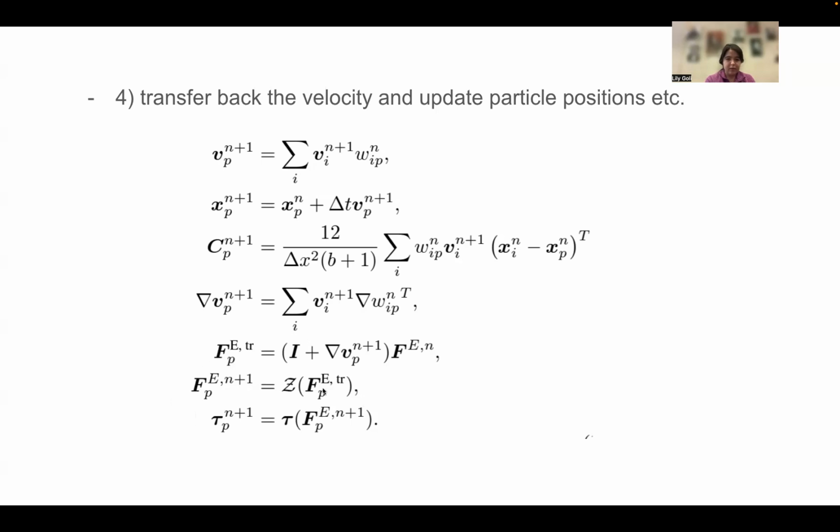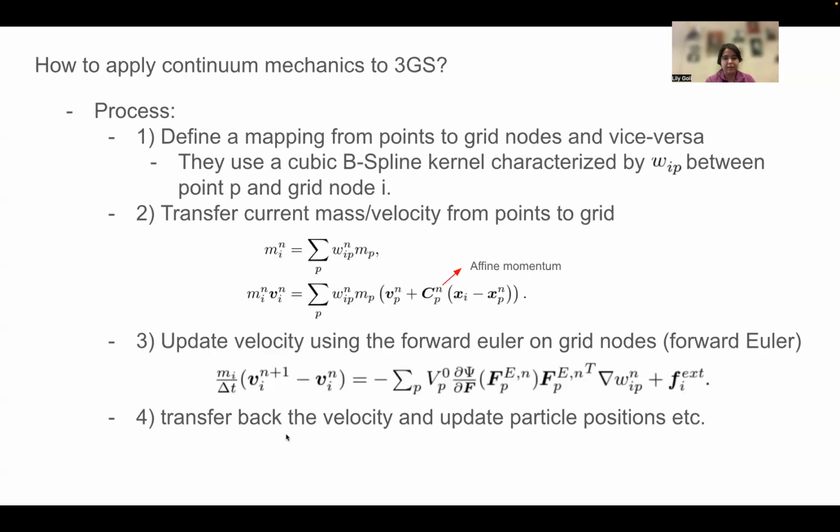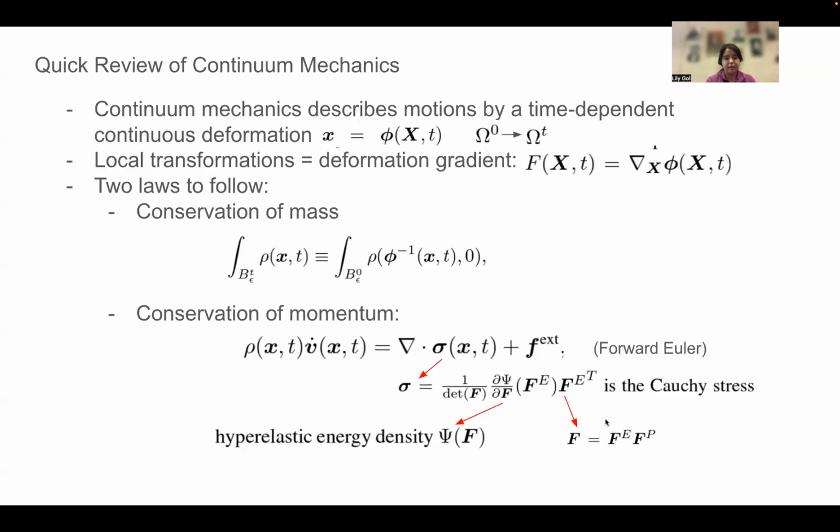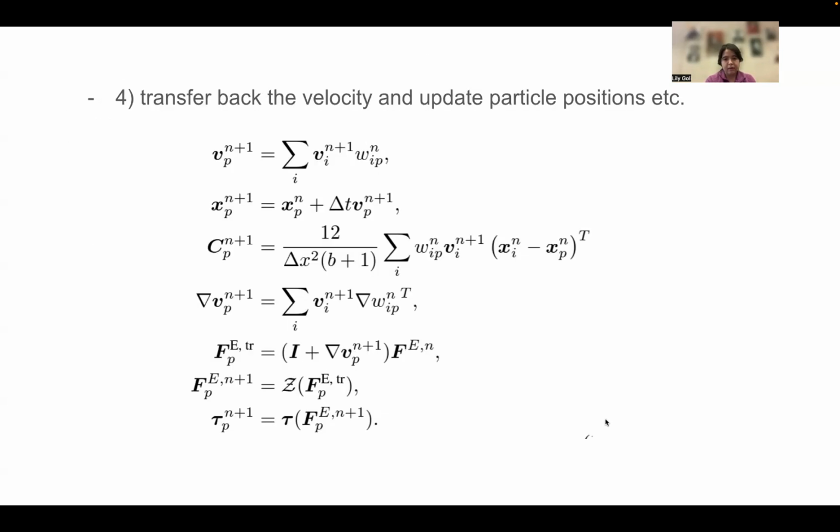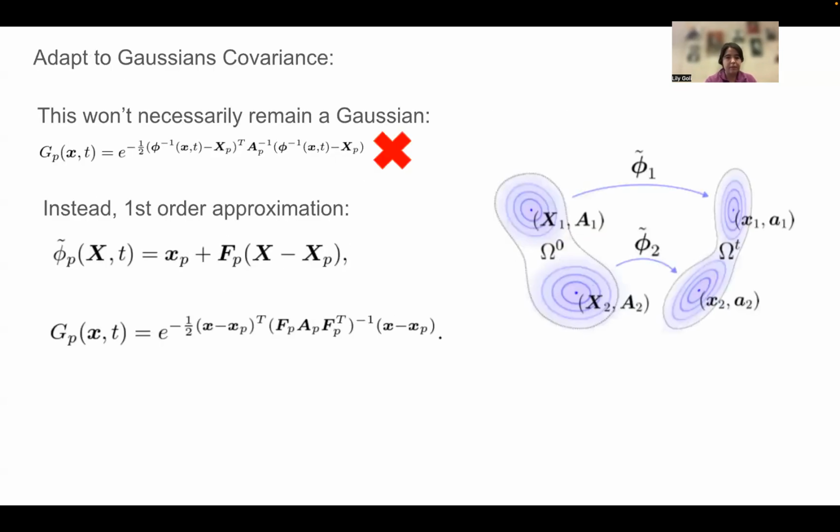One thing that is important here is this F plastic. They can use different models for the plastic deformation gradient. And they show different models in the supplementary, so they can get better fracture and stuff like that. And this tau here is just another notation they use for the same psi that we saw here as the hyperelastic energy.